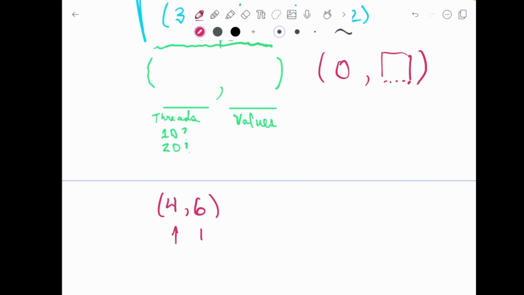And this one is something I plug in here: for each thread, it's going to be responsible for 6 values. So every two-dimensional coordinate I pass here, like 2, 3, would refer to the third value that thread 2 is responsible for.